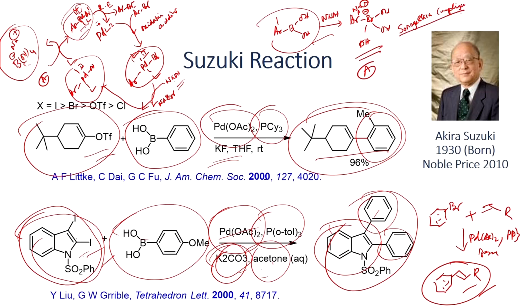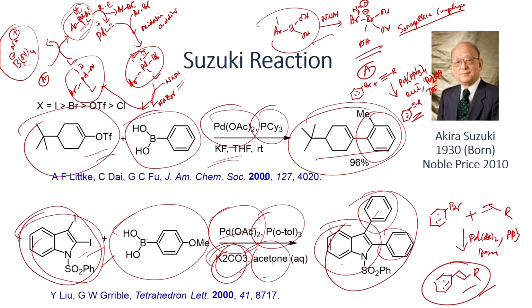In this reaction, if you have aryl halide and an alkyne, you can try to couple them in a solvent, and you will be able to get this as the product.